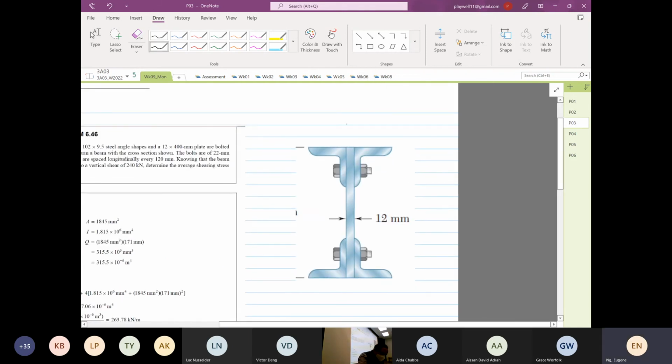So if we have our shear stress coming from the top, I'm going to call this our Vy. Then we are going to construct our shear flow. Now this is where things get interesting.